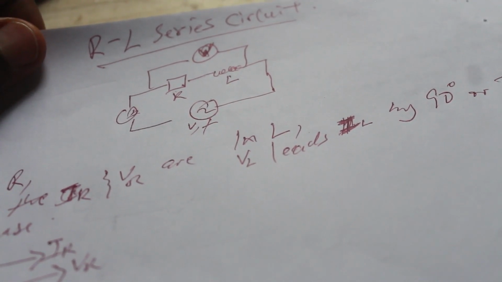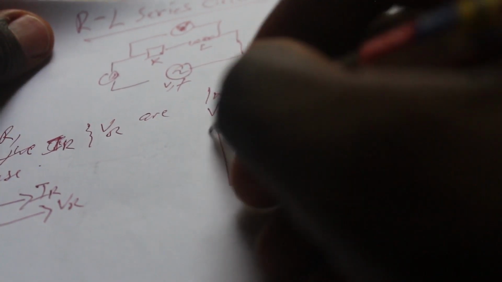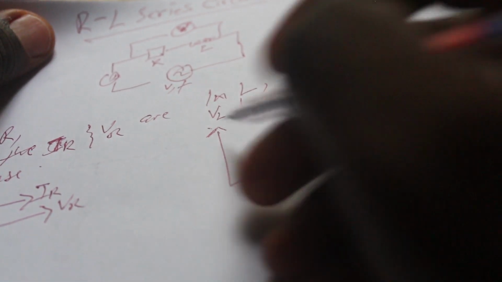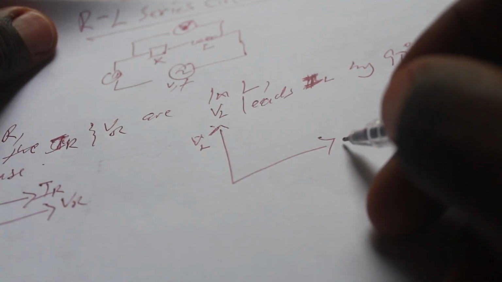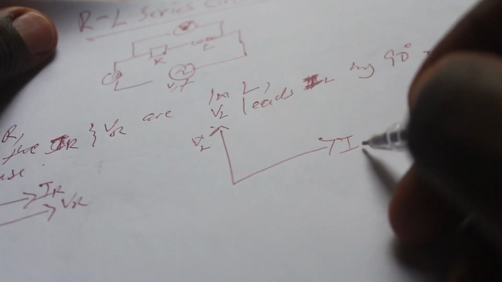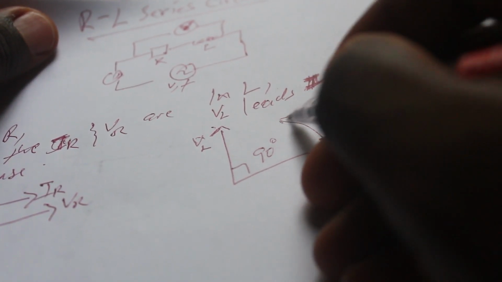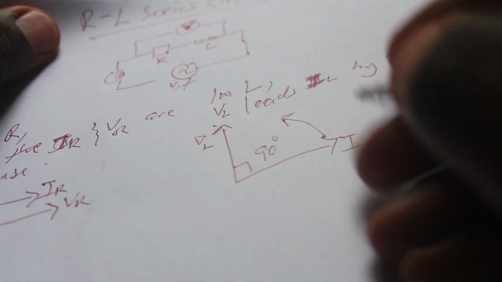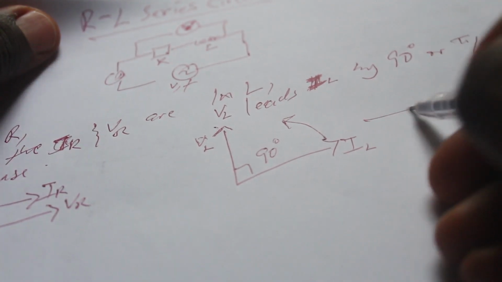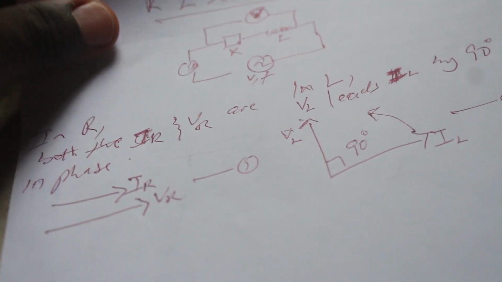And again, if we want to use a vector diagram to illustrate this, we'll have something like this, where the vertical axis will be the voltage across the inductor, and the horizontal axis will be the current in the inductor. Of course, the phase difference will be 90 degrees, and this is correct only if you take your reference direction in this way. So we call this the second vector diagram, and this is the first vector diagram.